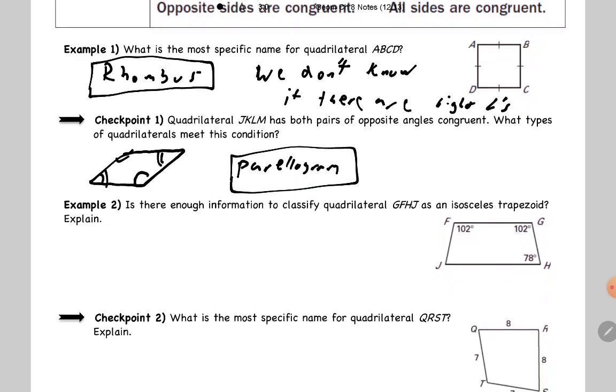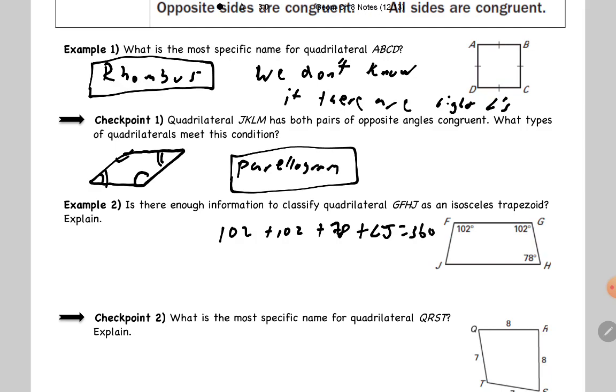Example 2. Is there enough information to classify the quadrilateral as an isosceles trapezoid? Explain. For it to be an isosceles trapezoid, we need the base angles to be congruent. Let's make sure, because if we add all the angles up in a quadrilateral, we get 360.